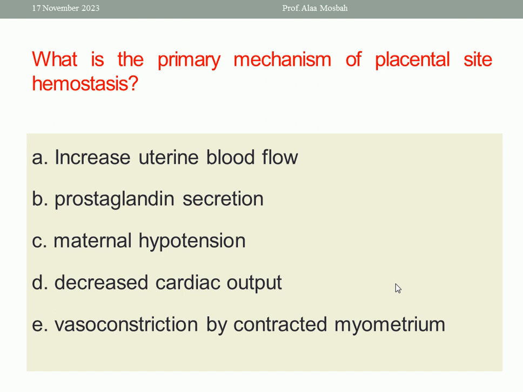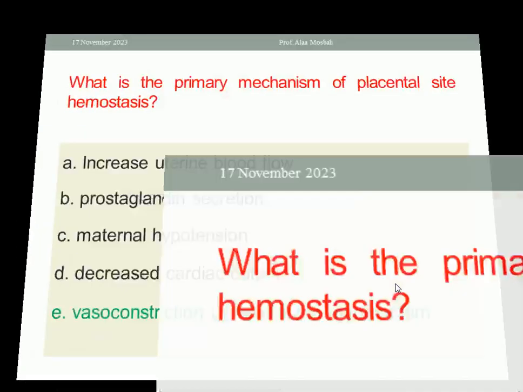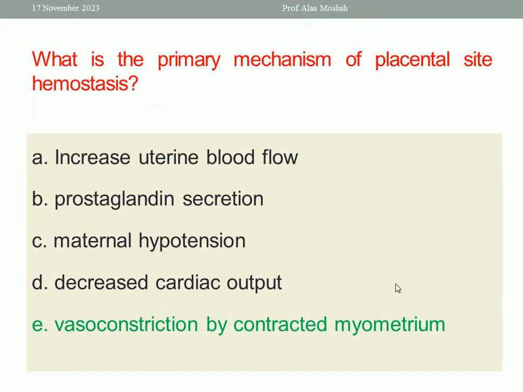Please choose one best response. Of course, it's clear enough that the answer is E. Vasoconstriction by contracted myometrium. Contracted myometrium will close the sinuses. Okay?